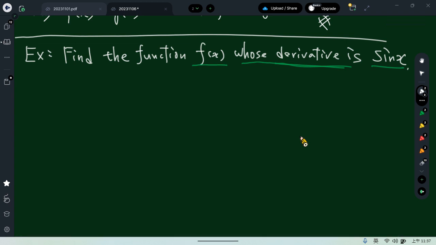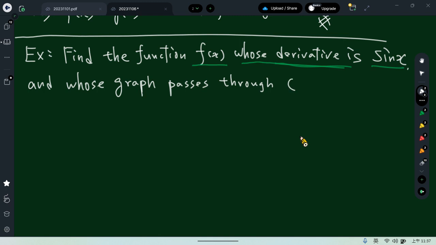Then, whose graph, so that means its curve passes through a certain point, 0 and 2. So please just tell me what this function is, so that I understand the statement of the question, right?